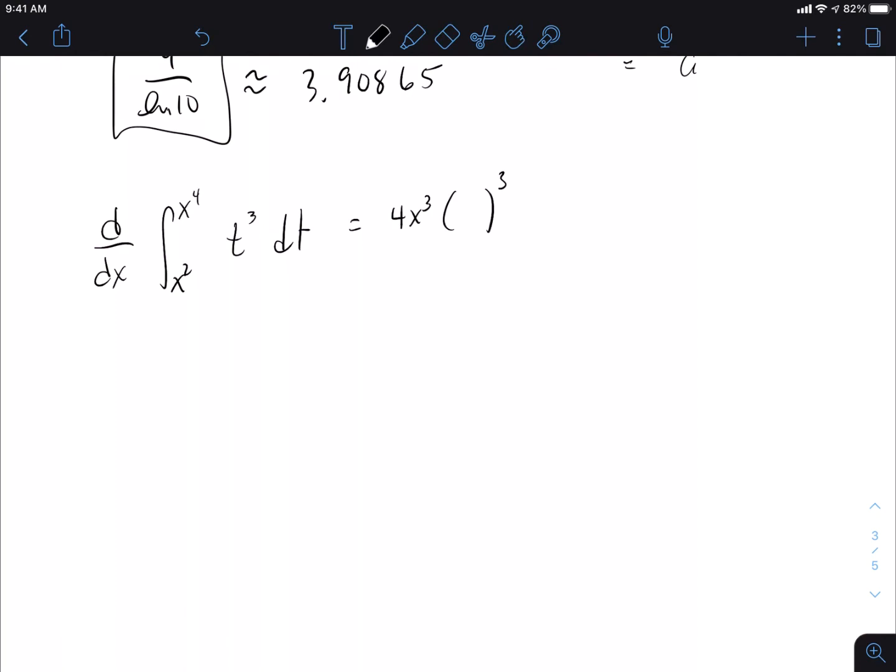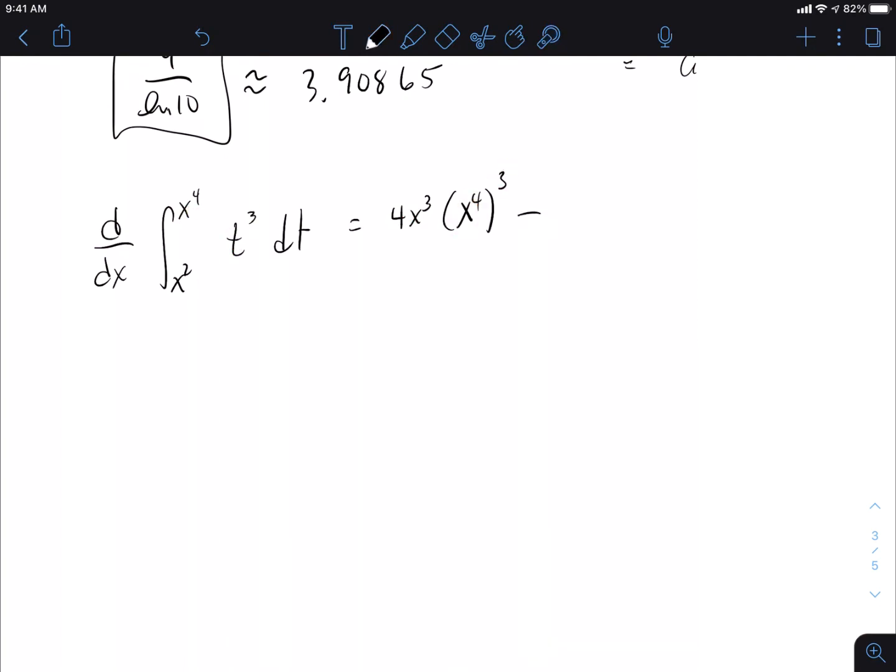So 3t. No. So here's where it's so important you guys get it. Jose's got it. It's the actual upper bound gets plugged in. It's the derivative of the upper bound. The exponent stays, and then that gets plugged in for t.